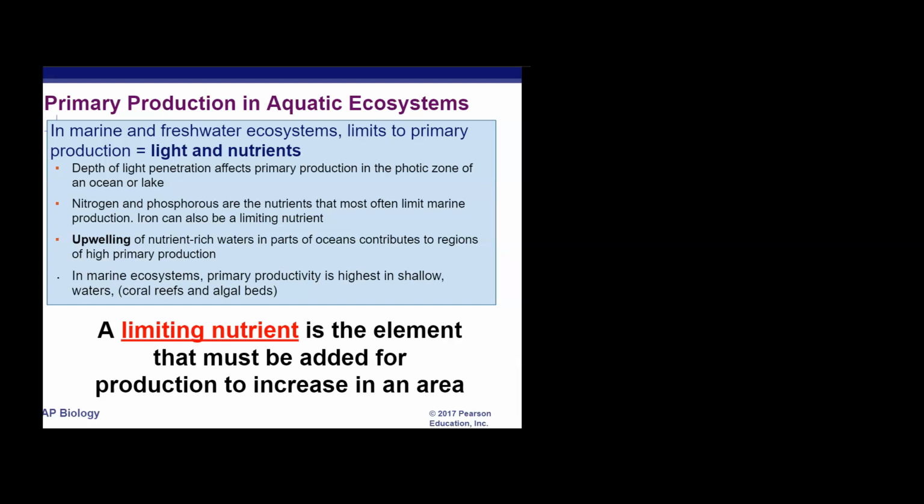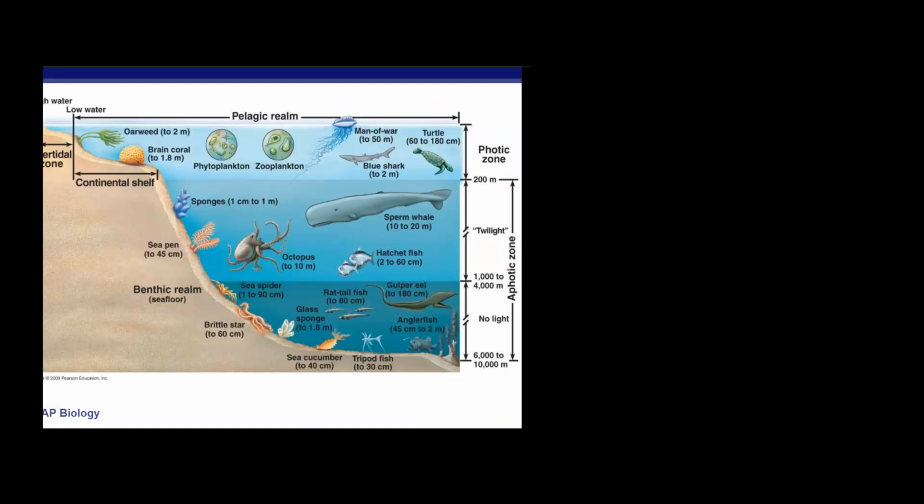And the definition of a limiting nutrient, just as a reminder, is an element that has to be added for production to increase in an area. So things like nitrogen, phosphorus, and iron. This is a picture showing the different zones in an aquatic ecosystem. So you can see that the photic zone is about 200 meters there, and that's where you're going to see your primary producers.